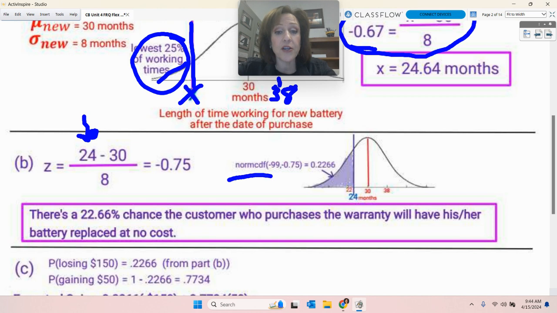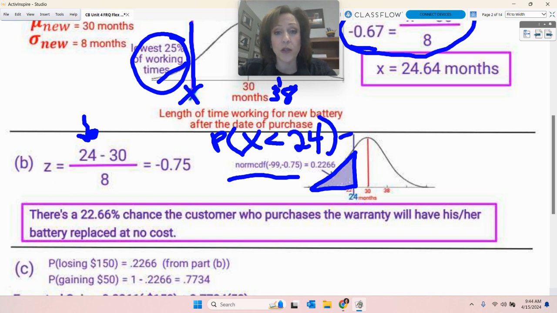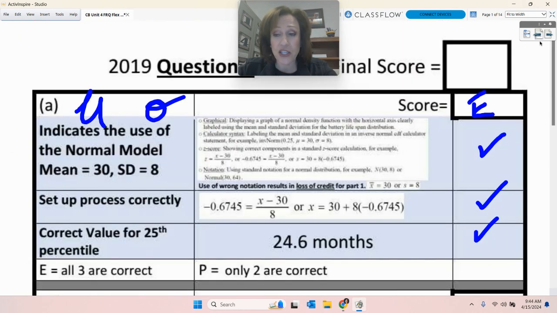This calculator speak does not indicate shaded area or the direction that you are getting the area for. You had to show this shaded area, or you had to say something like the probability that x is less than 24 equals that number. Those are the ways that you get credit for indicating direction.